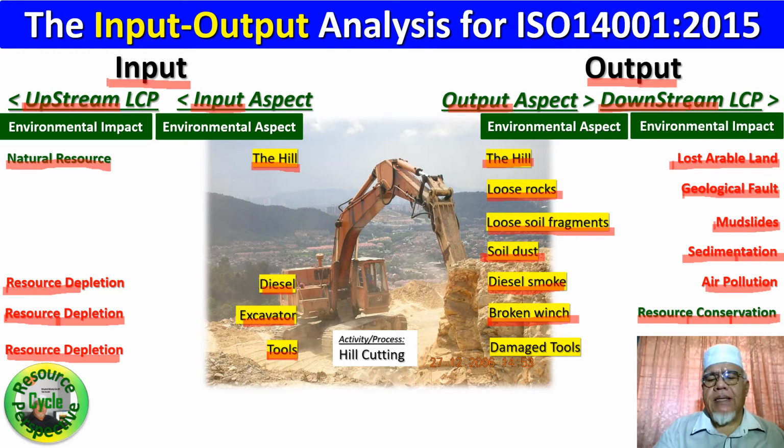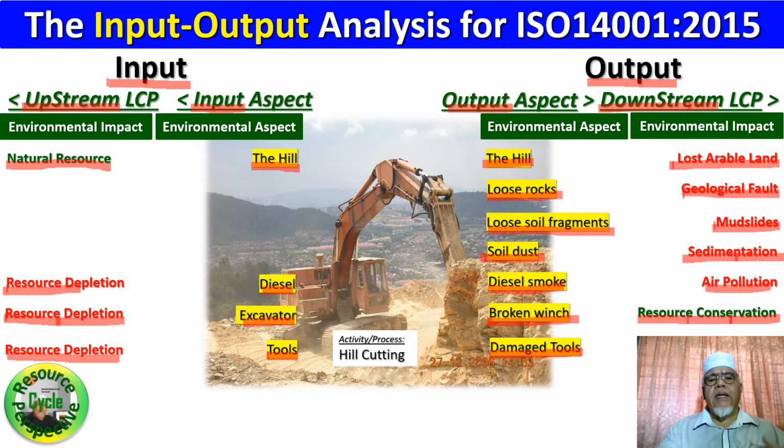But if it is an output, I use this term: damaged tools or broken tools or lost tools. That would be reused, and damaged tools will also be reworked, and that would help conserve resources, which is a good thing.